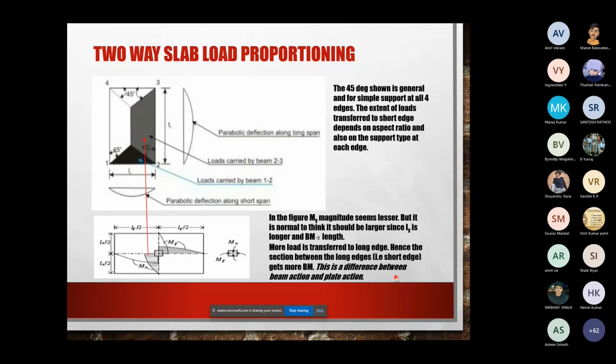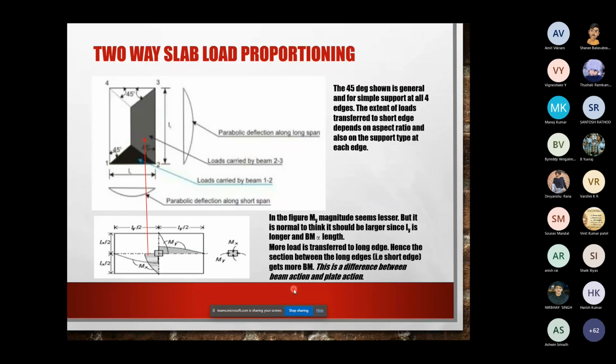Okay, so therefore the section between the long edges, in other words the short edge, it will get more bending moment, because this direction is shorter, more load gets transferred along this direction, and this direction is the shorter direction, so therefore the short edge gets more bending moment. And this is a key difference between beam action and what is known as plate action.